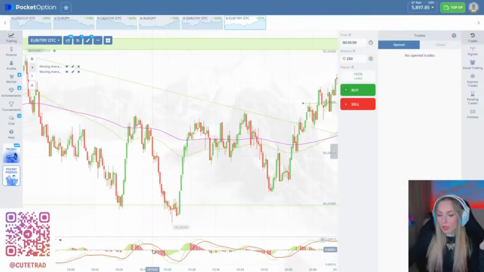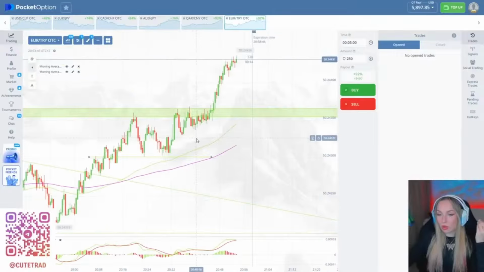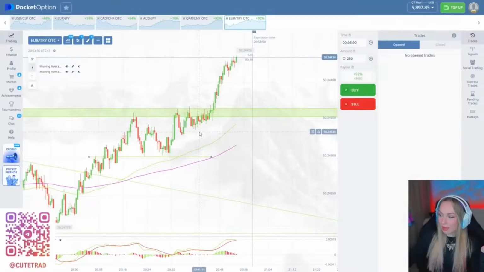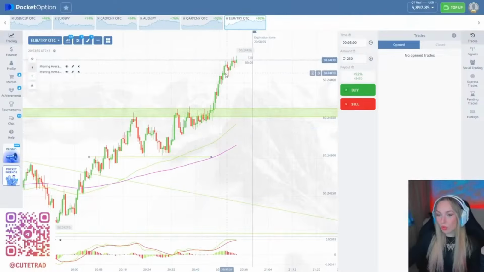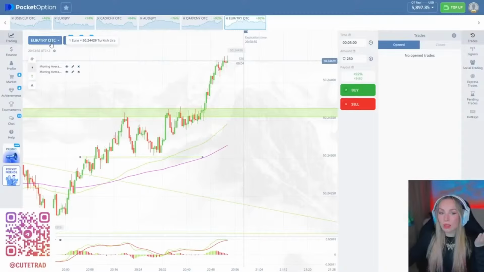So almost 8 minutes the price needed to go down. So probably here it will be good to open the trade from 5 till 10 minutes. In this period of time, from 5 to 10 minutes, you can open here the trades in Euro TRY.